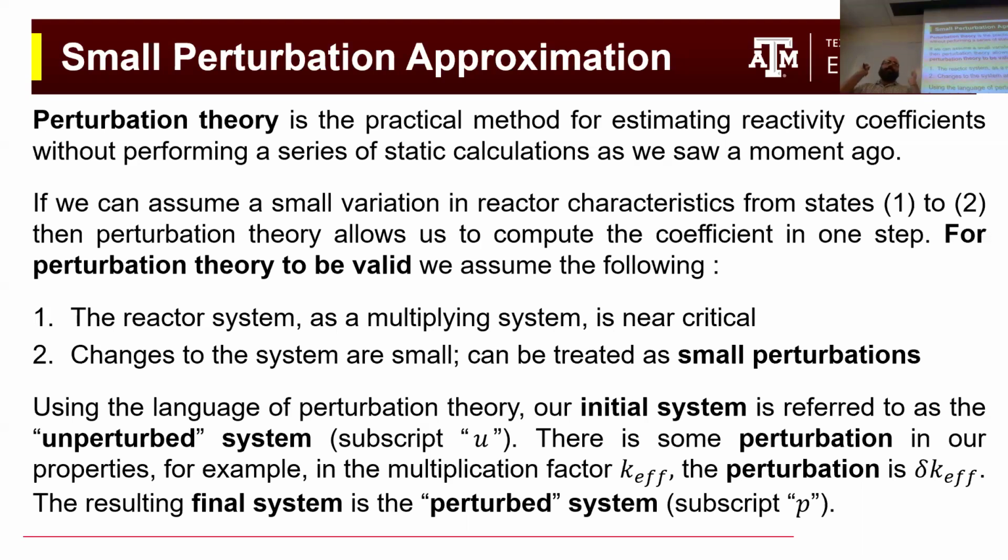Then you do something to the system, like you insert reactivity, and that insertion causes some perturbation to the system. They use a delta for the symbol of the perturbation. So if we're increasing the effective multiplication factor, there might be some positive perturbation delta K effective to the unperturbed system. As a result of that change, there's a new system which is called the perturbed system, and they'll use a subscript U for the unperturbed values and a subscript P for the perturbed values.